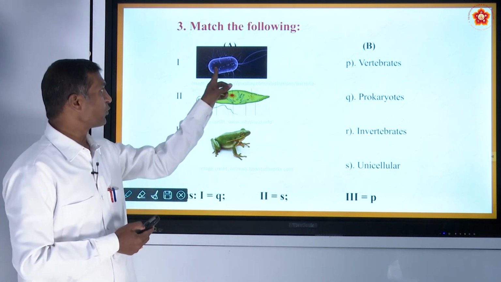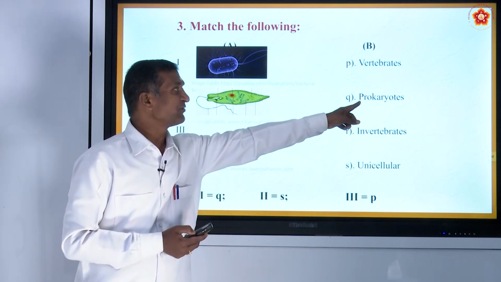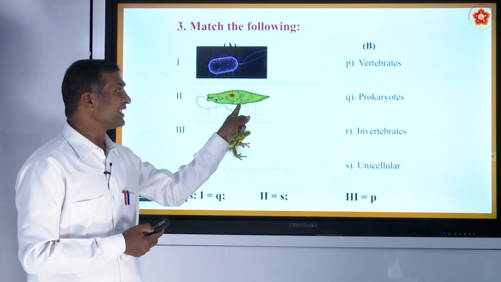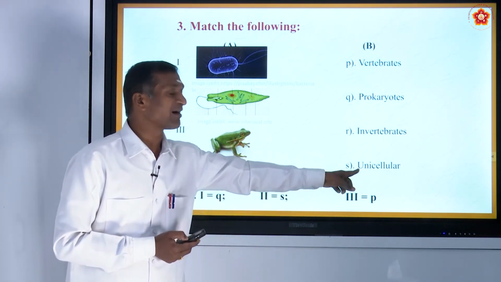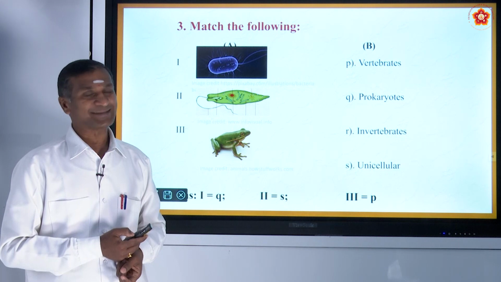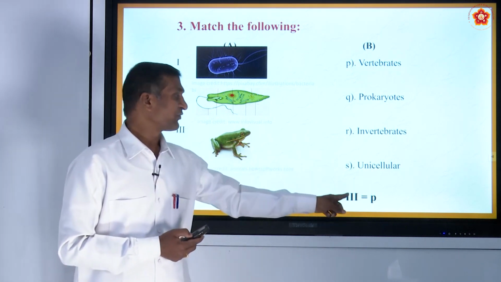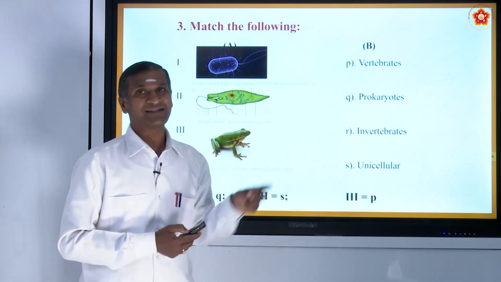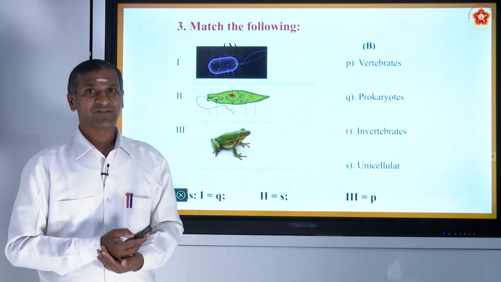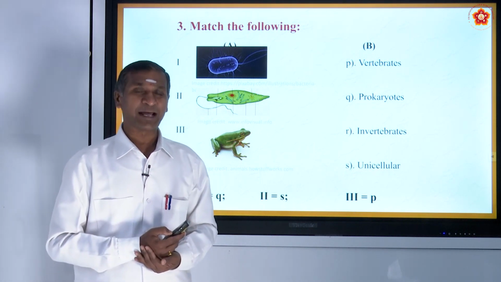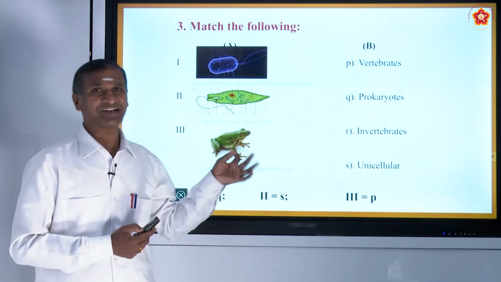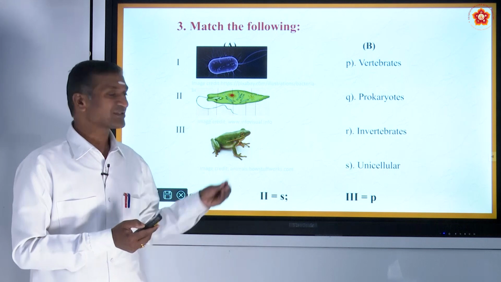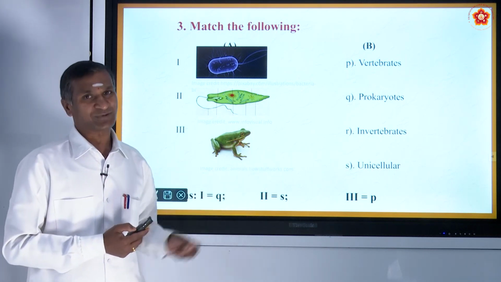So for number 1, the bacteria, we have the prokaryotes. The second one, the euglena, is unicellular, a single-celled organism. The third one, the frog is given in the picture, and the correct option is vertebrates. They have a backbone. Very happy to see Sankalp, Arpan, Naman have matched correctly. Very good. Rest of the others, if you have made some mistakes, try to correct them.